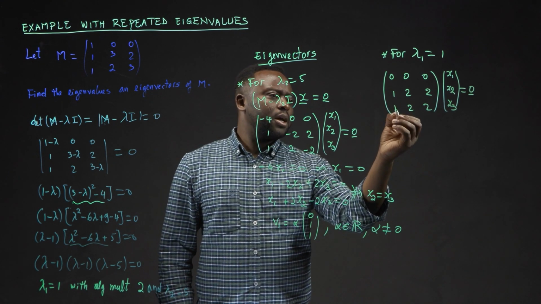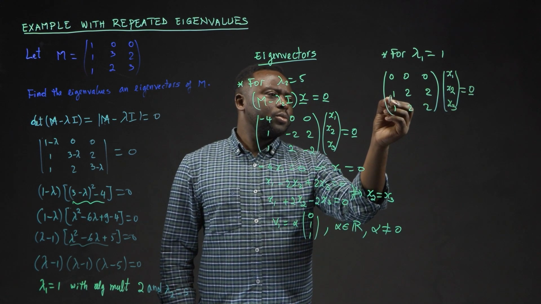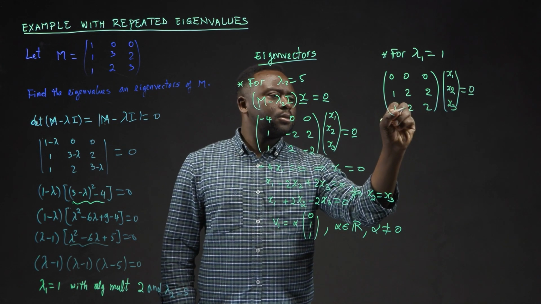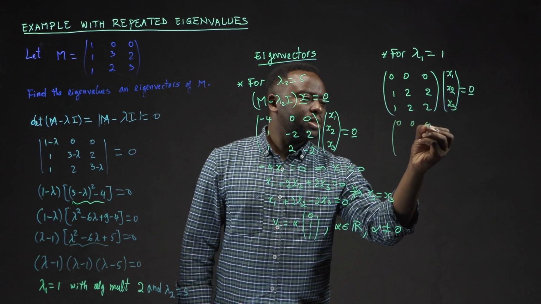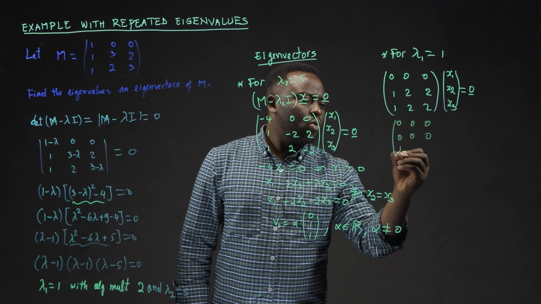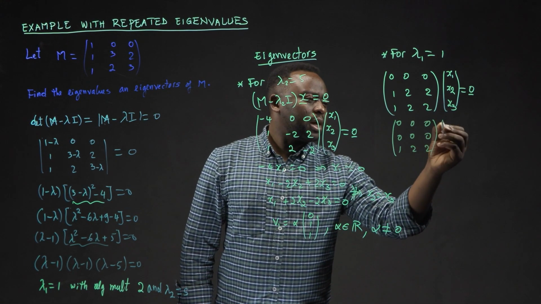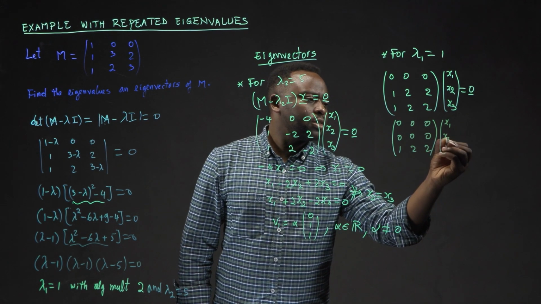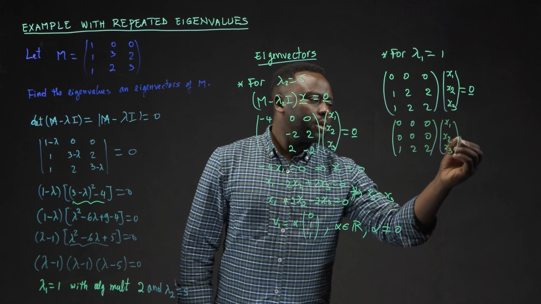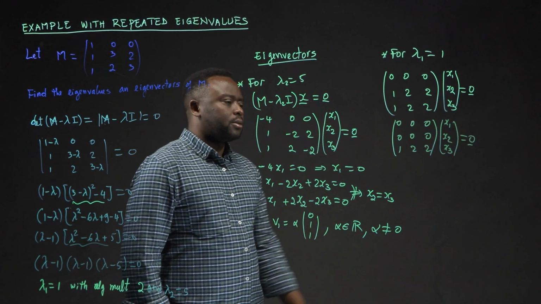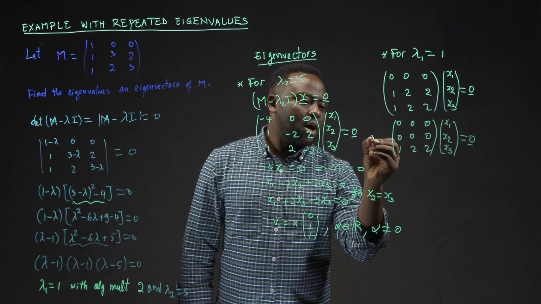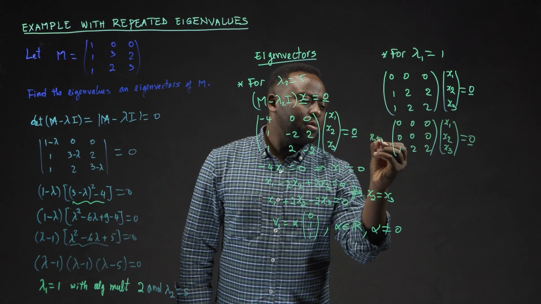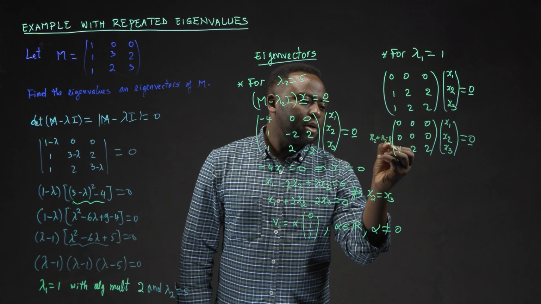So if the second row becomes the second row minus the third row, R2 becomes R2 minus R3, then we have rows 0, 0, 0; 0, 0, 0; and 1, 2, 2 times x1, x2, x3 is a zero vector.